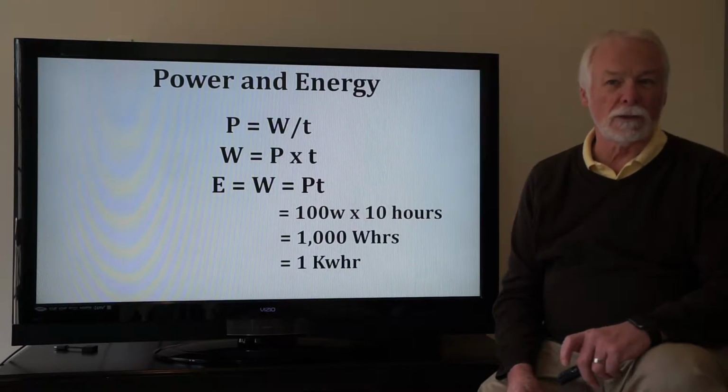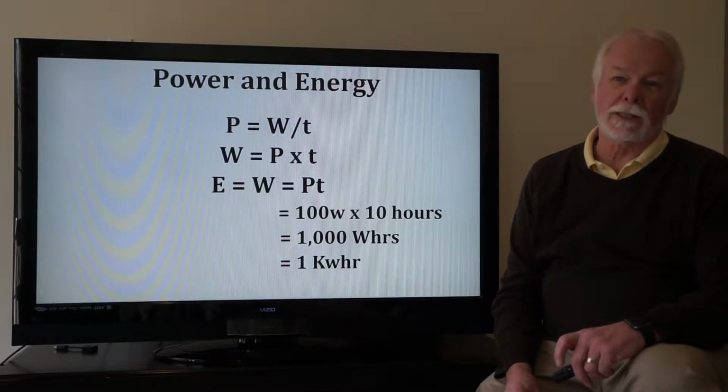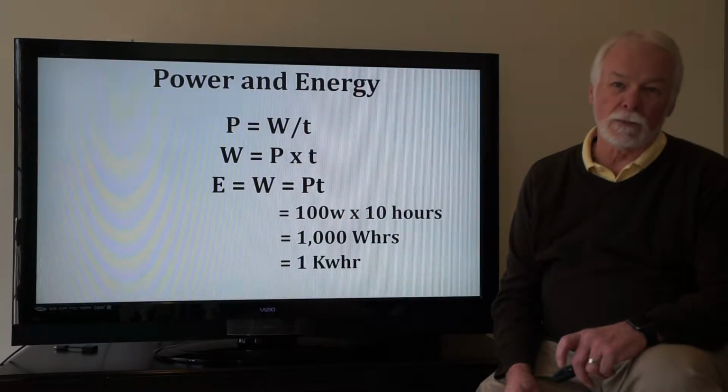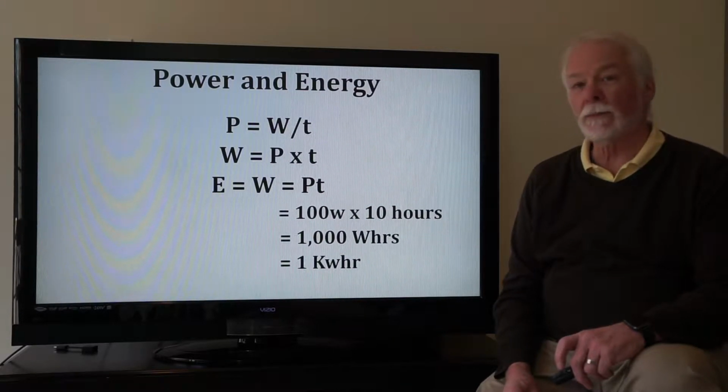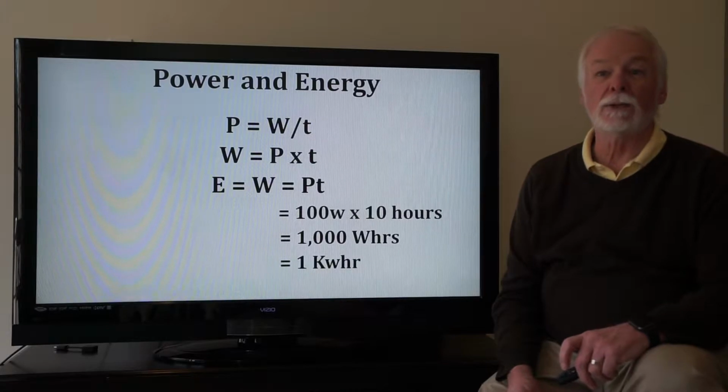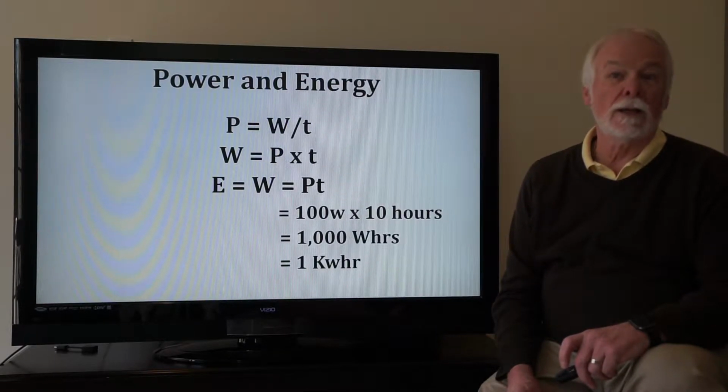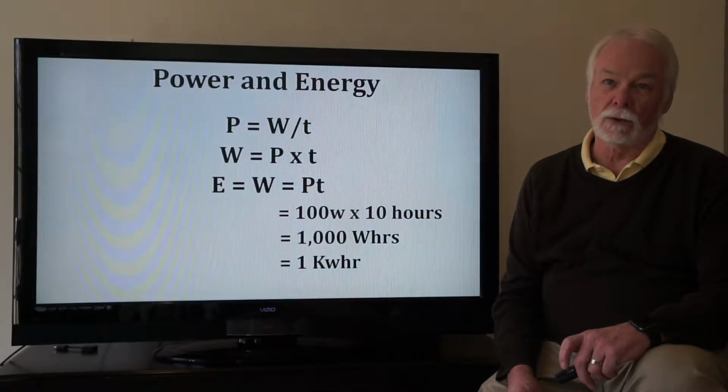By this definition, work is expressed in joules, time in seconds, and the power measurement for P is in watts. And that makes watts equivalent to joules per second.